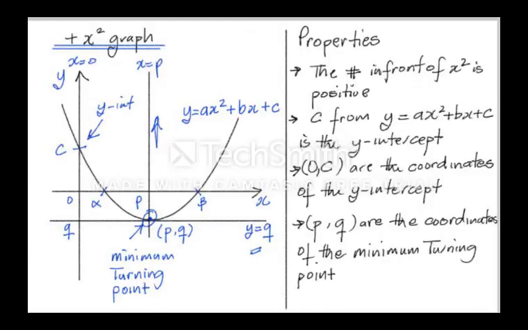So here, this is the line x is equal to p, and this line is the line of symmetry.